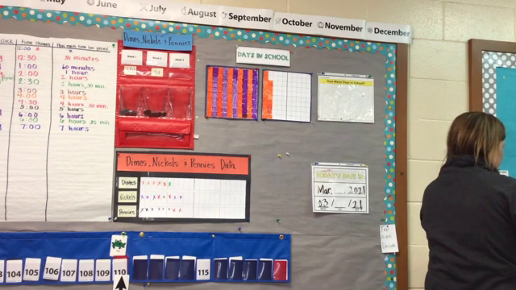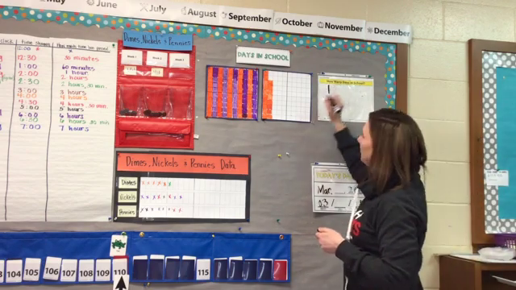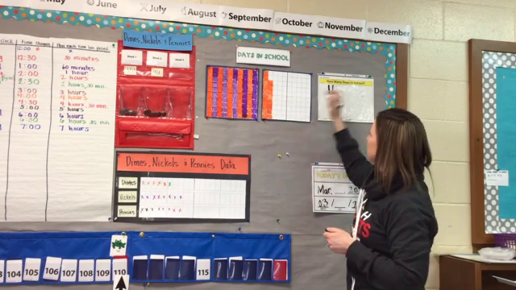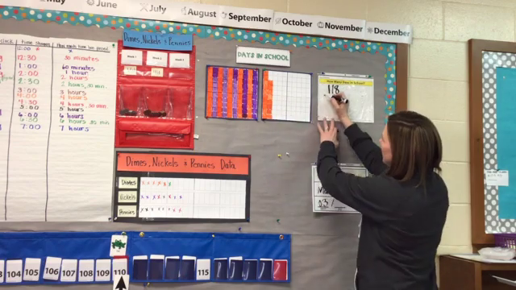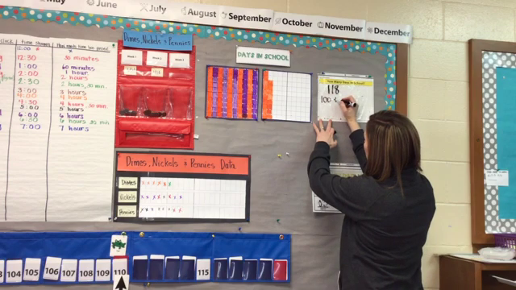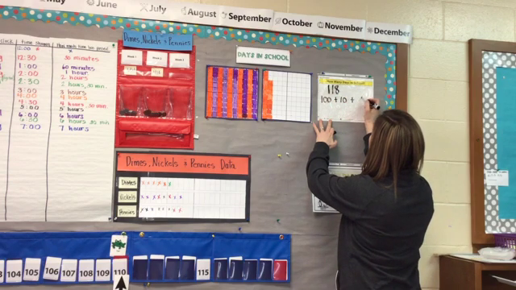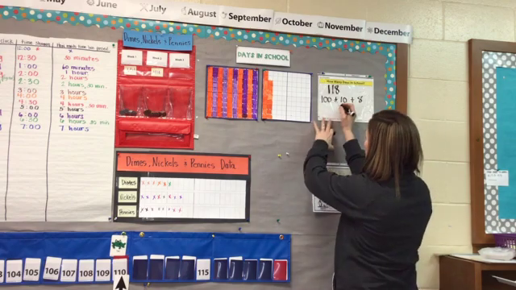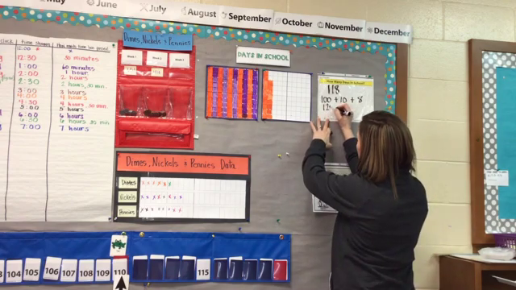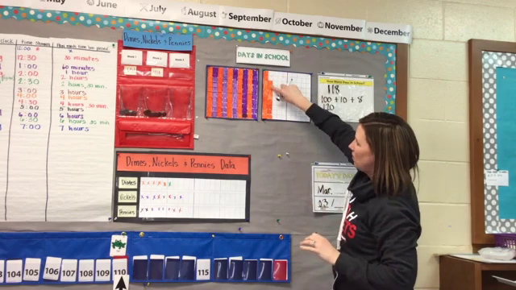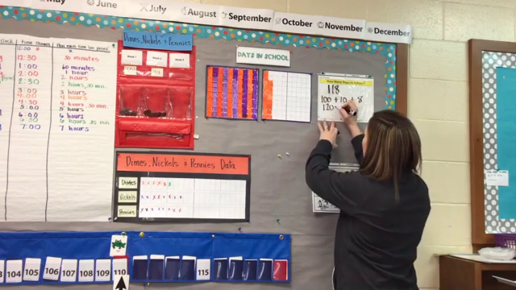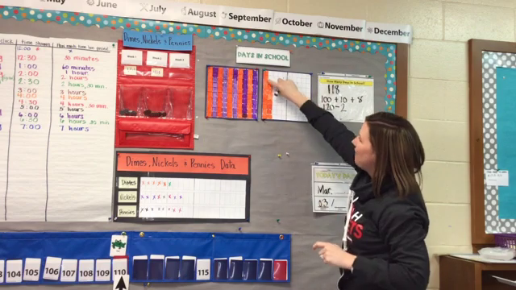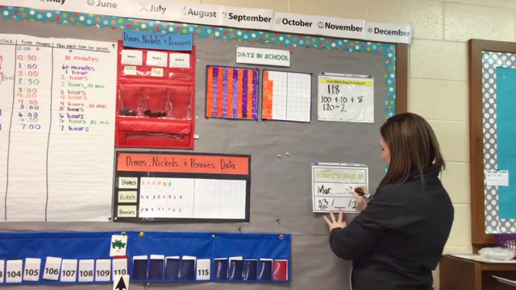So we have 1 one group of 100, one group of 10, and 8 ones. So 100 plus 10 plus 8. If I were to write a subtraction problem, I could write 120, which would be this whole 10 stick, take away 2, and now I have 118.